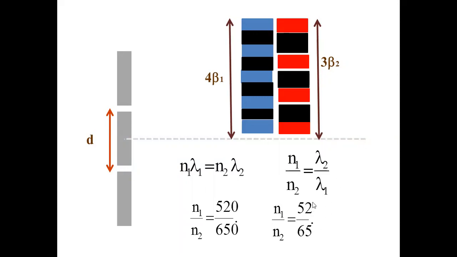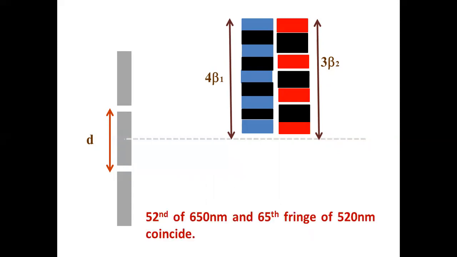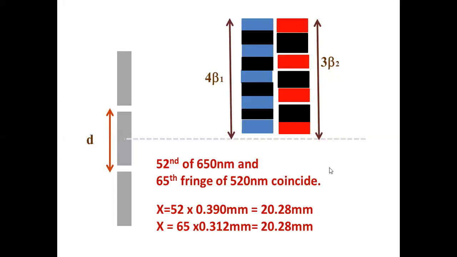52nd bright fringe of 650 nanometer and 65th bright fringe of 520 nanometer are formed at the same place. What is the distance of that fringe? Of course, this is only a numerical example.